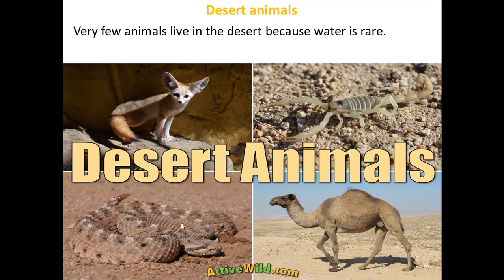And desert animals, very few animals live in the desert because water is rare. That's why only very few animals can live in the desert, like scorpion, like snake, like camel, okay? These animals need a little water and can save water, that's why they can live in the desert environment.